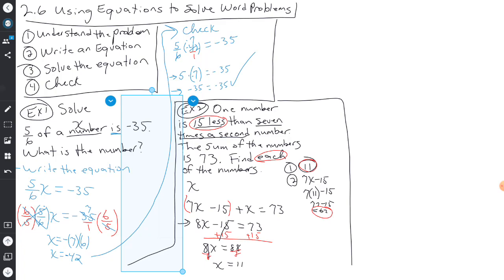So again, this part right here gives us the two numbers. So wouldn't you write that like 11 comma 62 on a test? Yes.